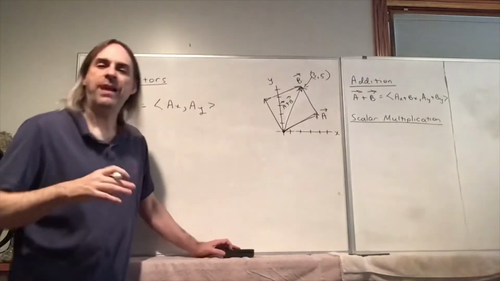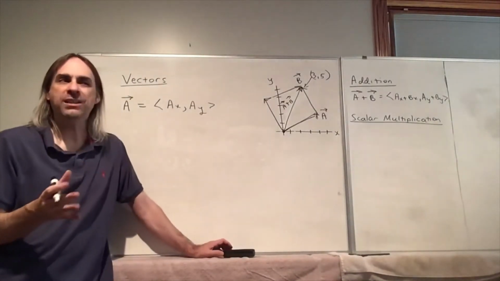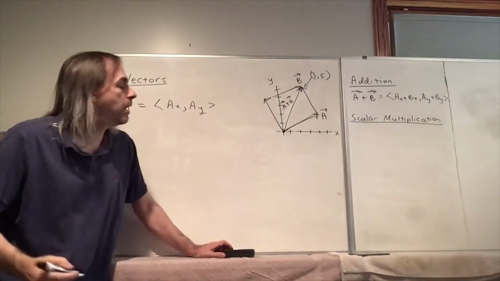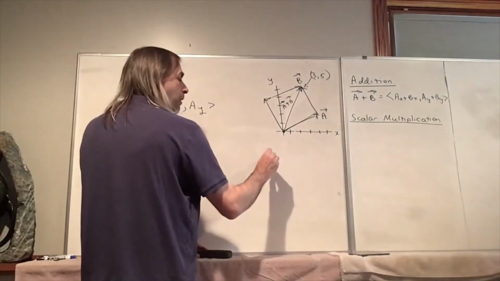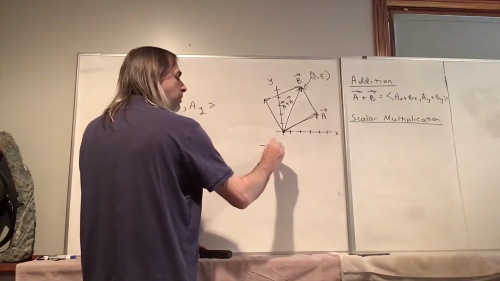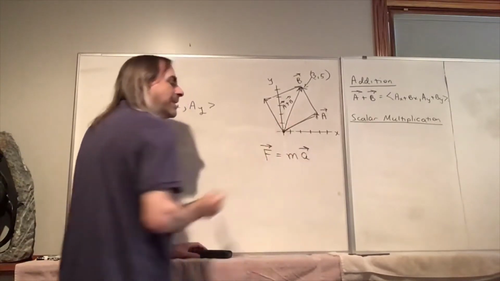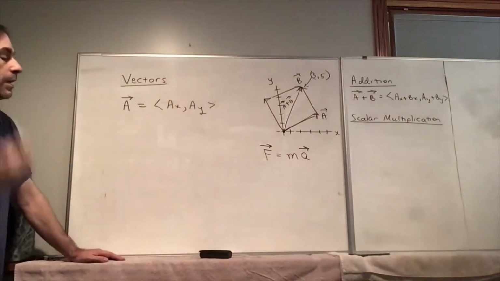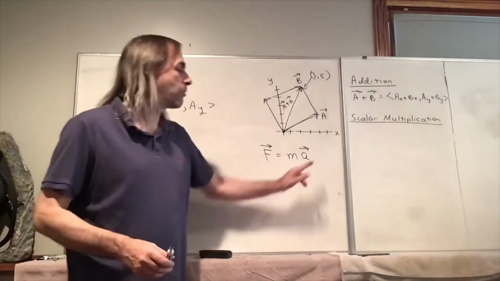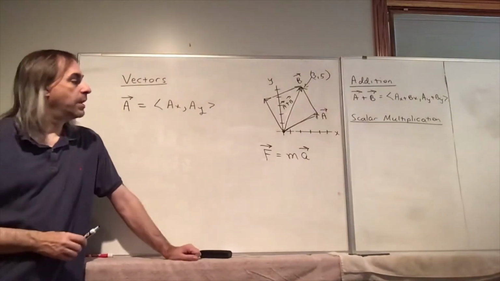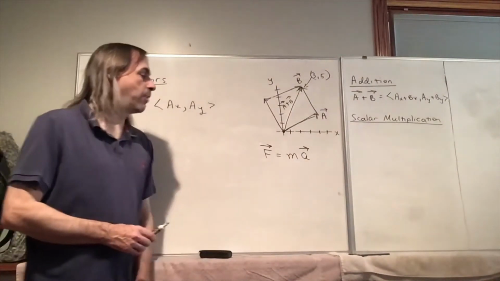This is one of the most famous equations, so there's a good chance you've heard of it before. It's a very important equation called Newton's second law: force equals mass times acceleration. Now, we know force and acceleration are vectors, so we could write it this way.